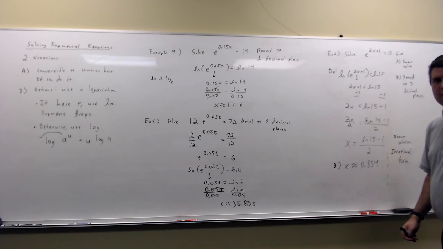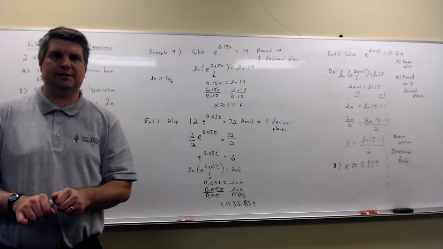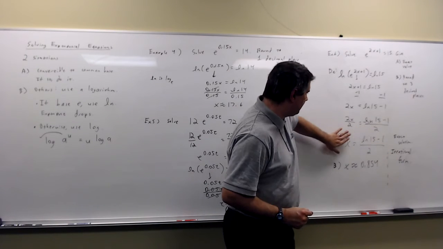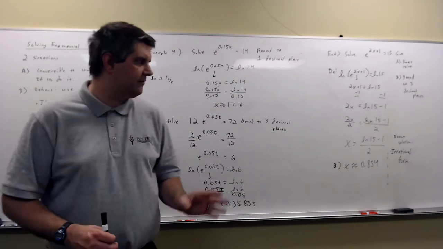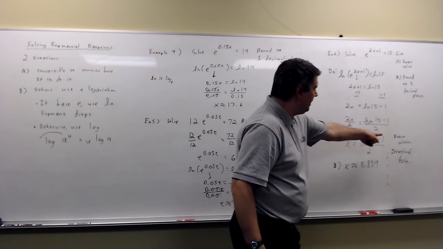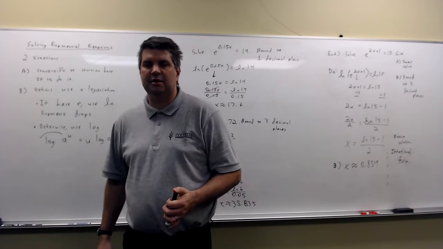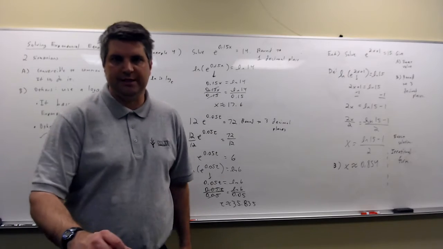Both terminologies are used to describe that situation. Both of these describe an exact solution of a logarithm. Exact value, exact solution, and irrational form. All right, so I'm going to stop here, pause here, take all this off the board and do another example.